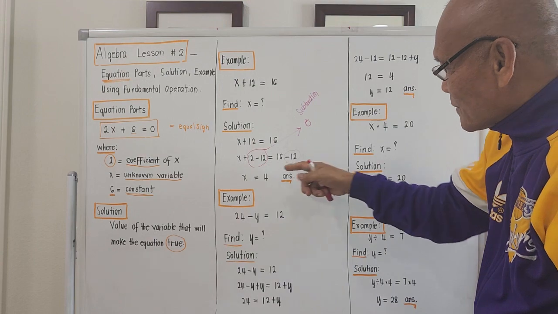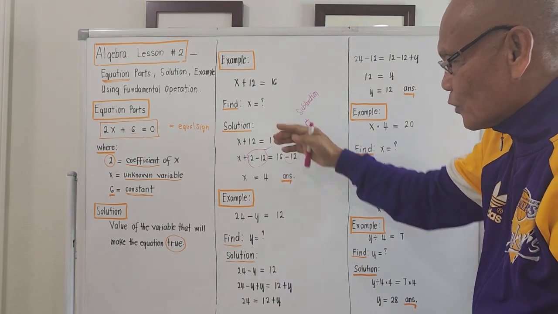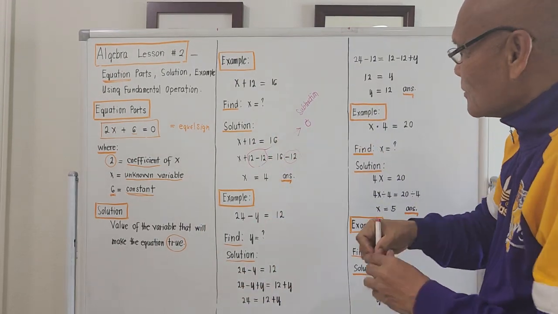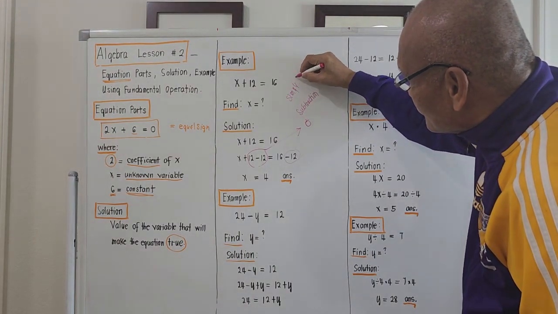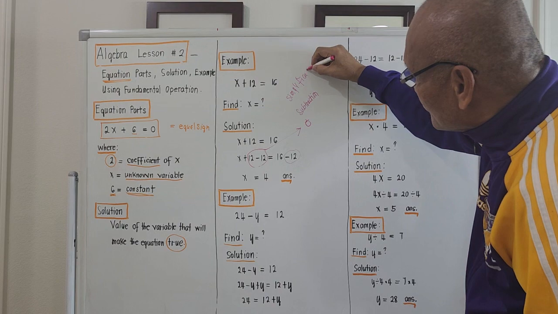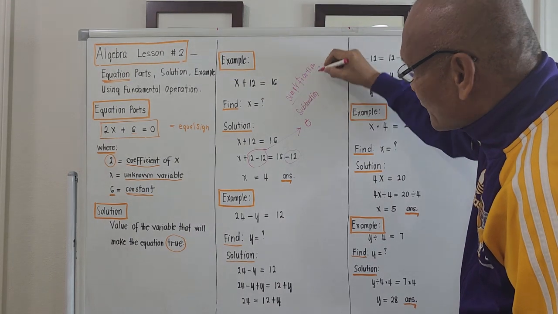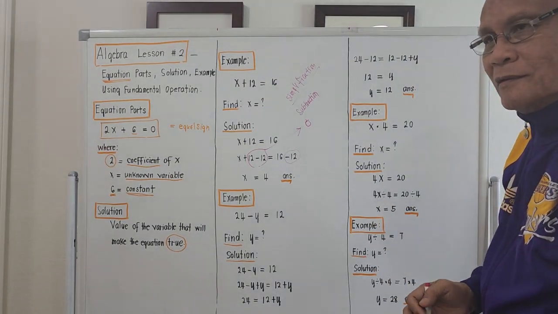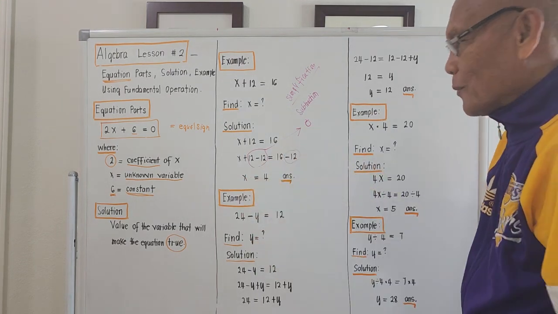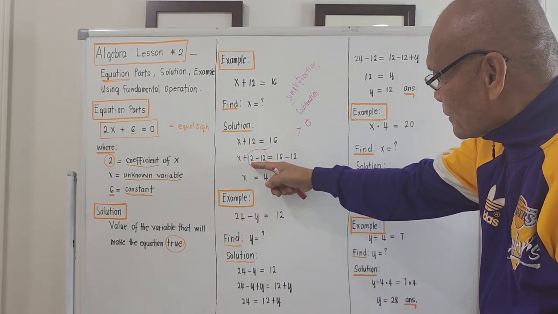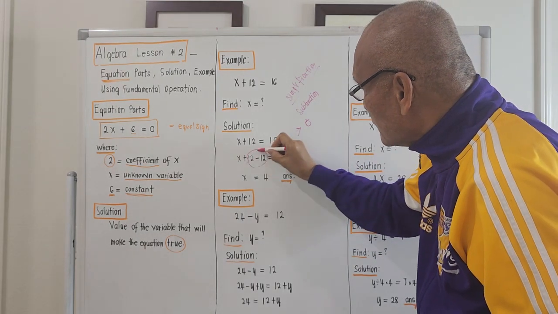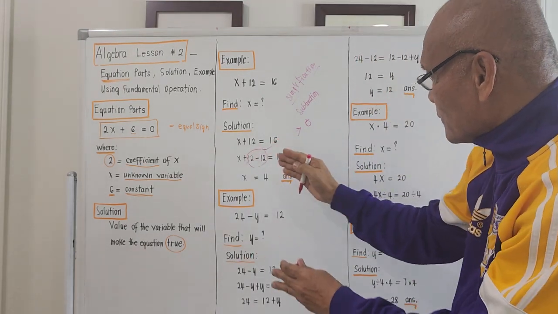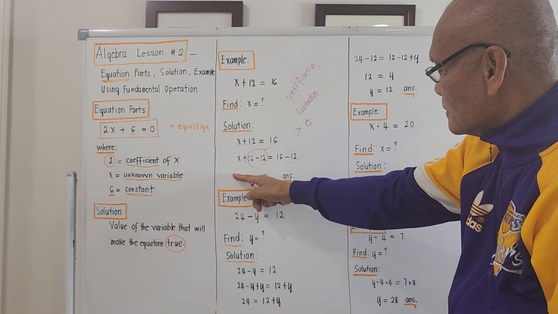So after the subtraction of negative 12, we try to simplify. Use your knowledge of simplification. So 12 minus 12 is actually 0, so this cancels, and what remains on the left will be x.